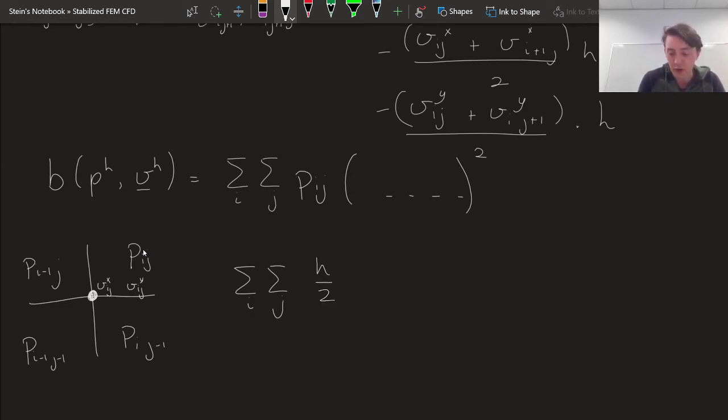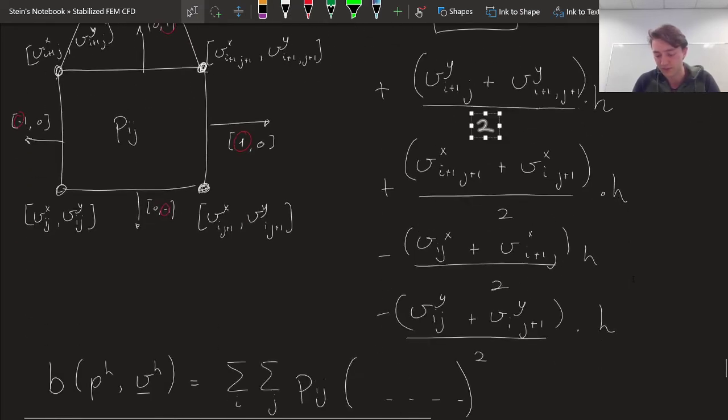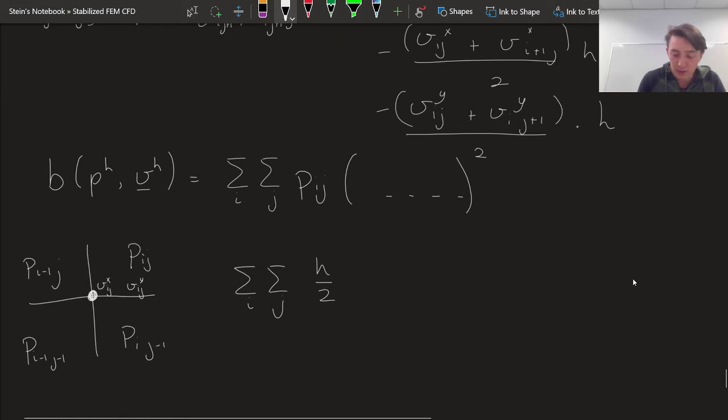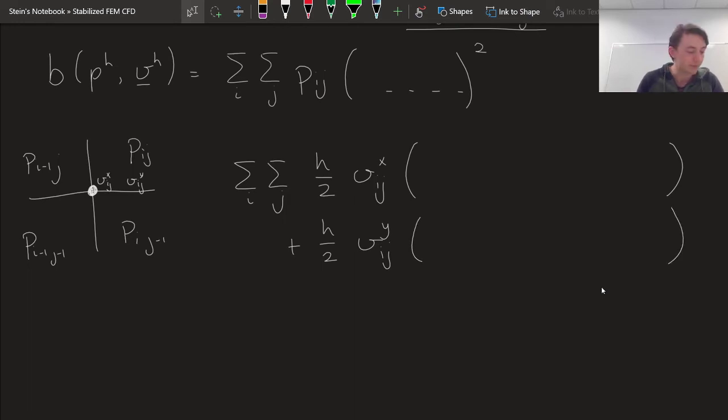So I have h over 2, because each one of these contributions was h divided by 2, multiplied by Vij in x, multiplied by a couple of different pressures. And the same thing plus h over 2 velocity ij, but now in y, multiplied by a couple of different pressures.